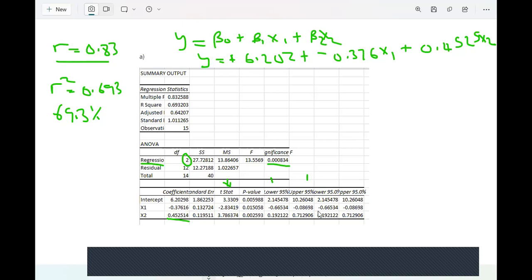But generally, for the whole regression, you'll be asked to test whether it's significant. If we're testing at maybe 5%, if this is smaller than 5, we say it's statistically significant. If it's more than 5%, it's not significant. Then you can also do the factor analysis to see which of the following is significant. You're going to see which one is out of range. If it's out of range, it is statistically significant.